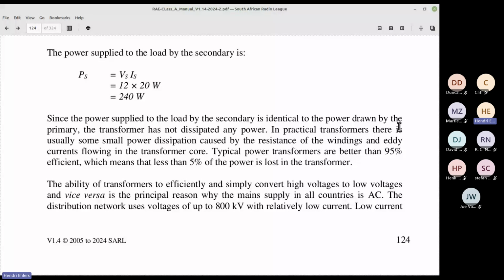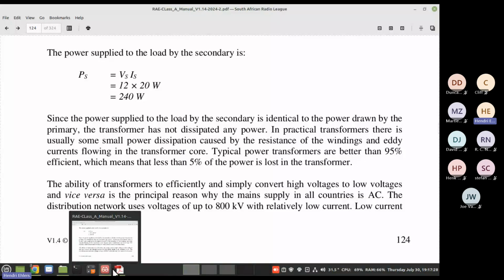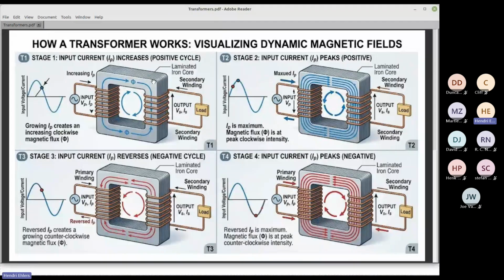Now, I'm sure they're going to ask about eddy currents because that's something they always ask. Eddy currents happen in the core of the transformer. This could be mild steel or iron or whatever. And because this is connected, it causes current to flow in the transformer.